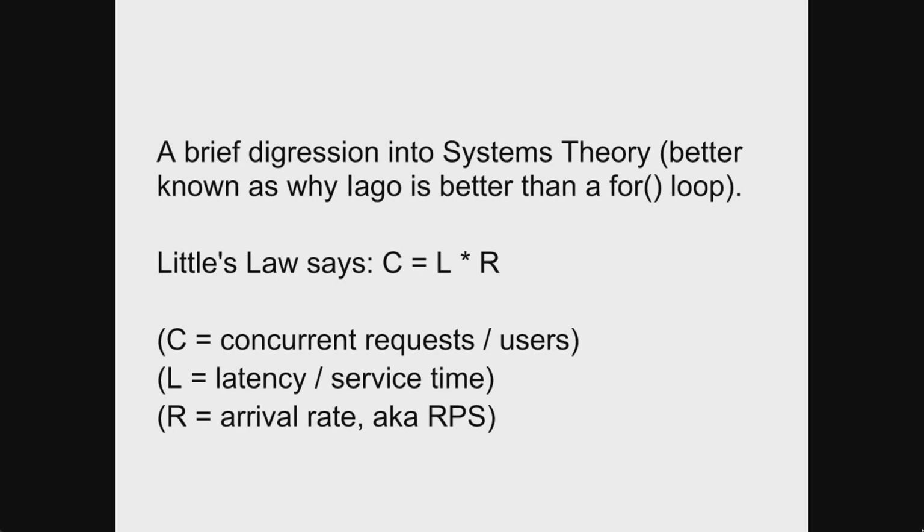And that might sound intuitive, and it is. If you think about it, if I have 100 requests a second and it takes a second to satisfy that request, then I will have 100 requests concurrently, right? It's simple math. But it turns out that the math behind that is actually pretty hard to derive, and it's awesome that it's such a simple result.